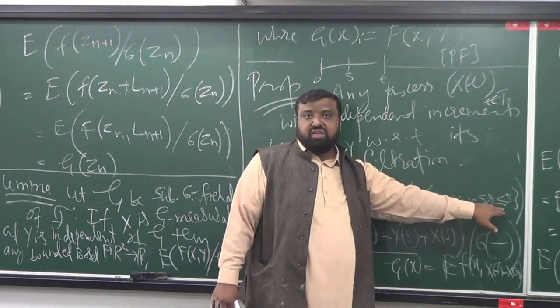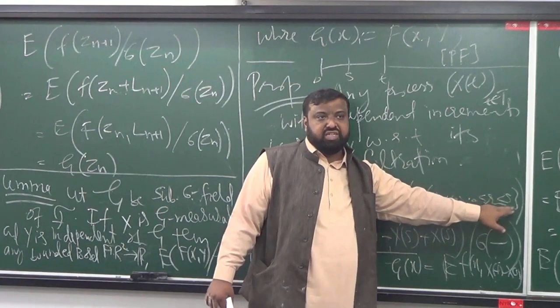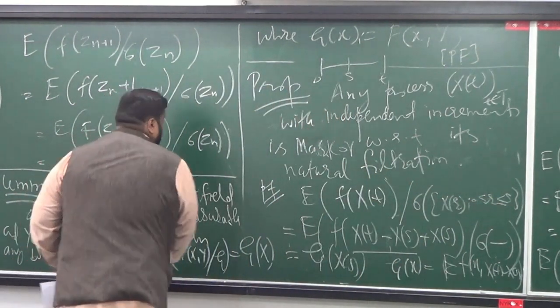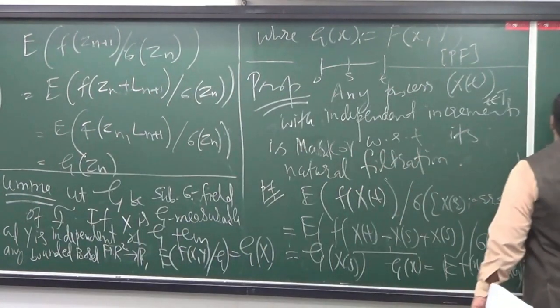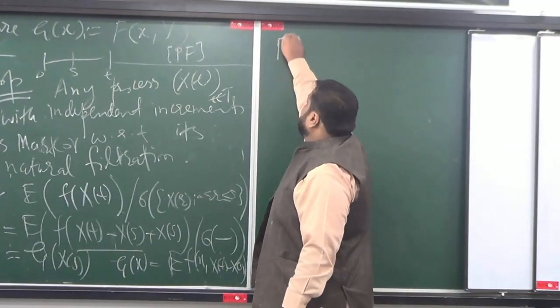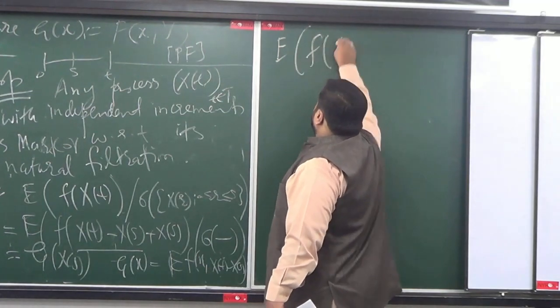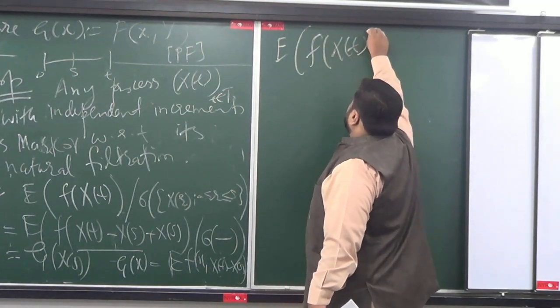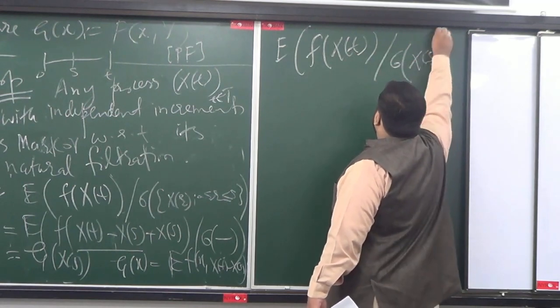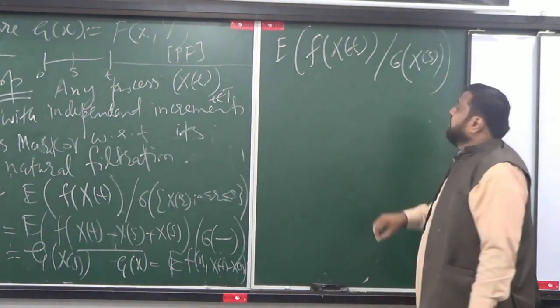I only need the information at s. Let's say I have the expectation of f of x of t given the sigma field generated by only x of s.